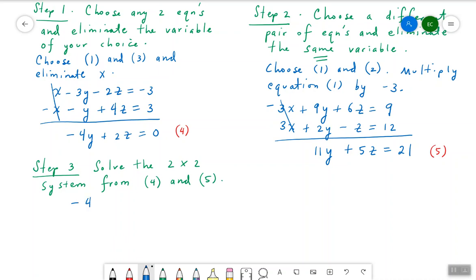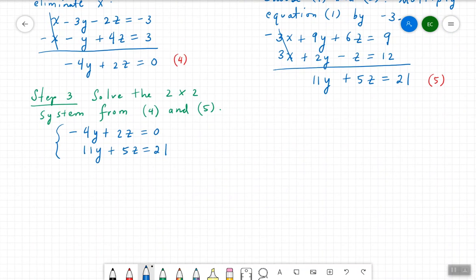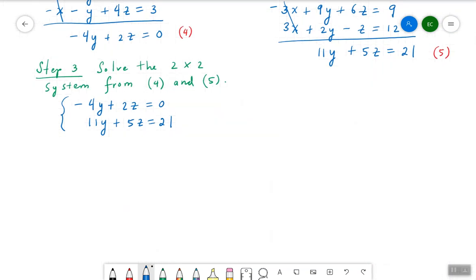So let's just write it down for starters. And so how would you like to solve this system? We've been doing a lot of elimination. Maybe we should just do elimination.